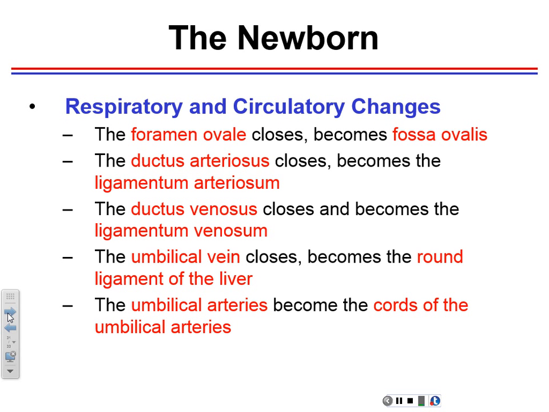The umbilical vein also closes, because the placenta has been hooked off, and it becomes the round ligament of the liver, or the ligamentum teres. The umbilical arteries that were taking deoxygenated blood back to the placenta just become fibrous cords.